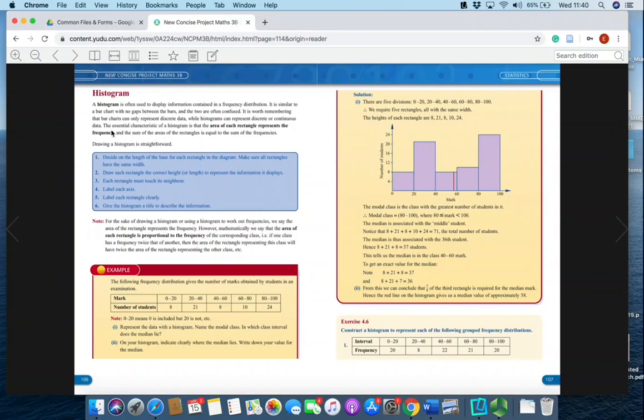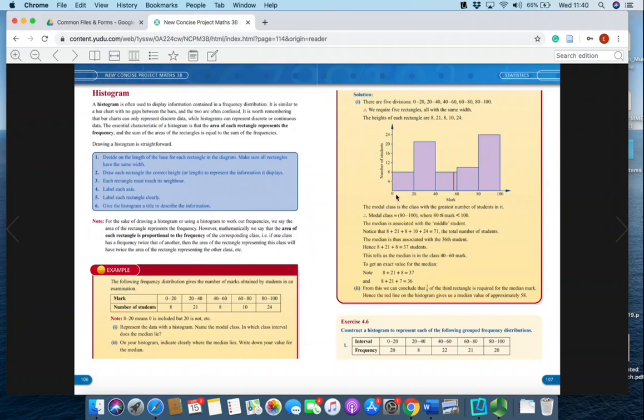So one of the most important things about a histogram is that the area of each rectangle represents the frequency, and the sum of the areas of the rectangles is equal to the sum of the frequency. So in English, what does that mean? Okay, it means that the widths of your bars, if I could call them that, is very important.